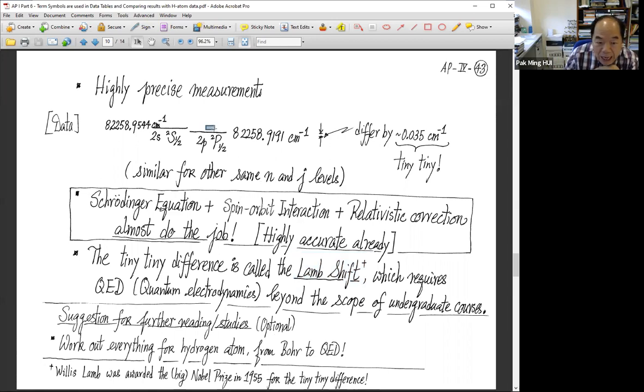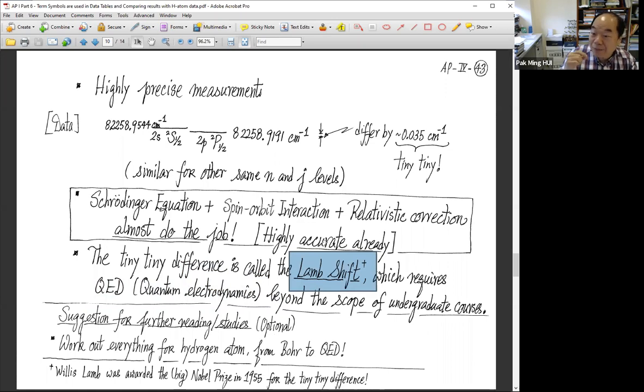In order to understand the Lamb shift, we must quantize the EM field before we can understand this tiny shift. It has to do with quantum electrodynamics. We have to use quantum electrodynamics to treat the hydrogen atom so that we can at last get this very tiny part of the thing that we missed, okay?